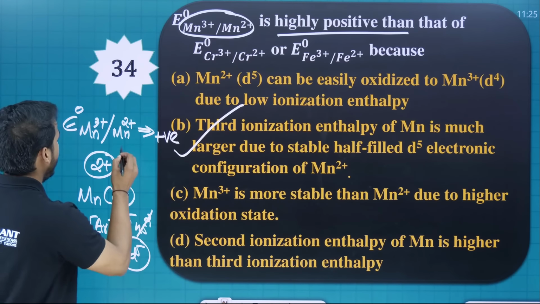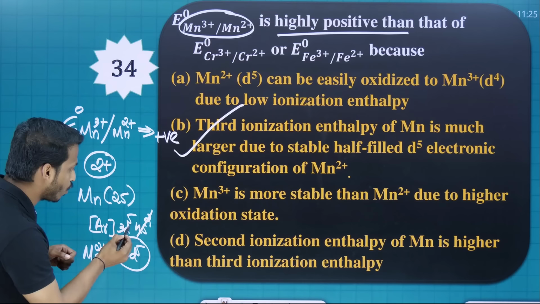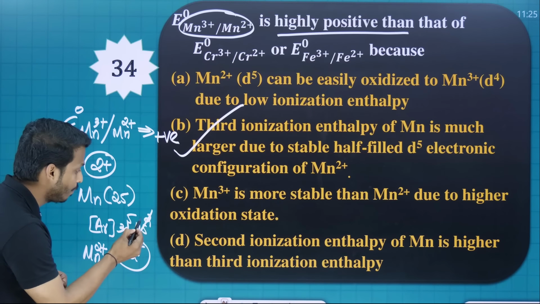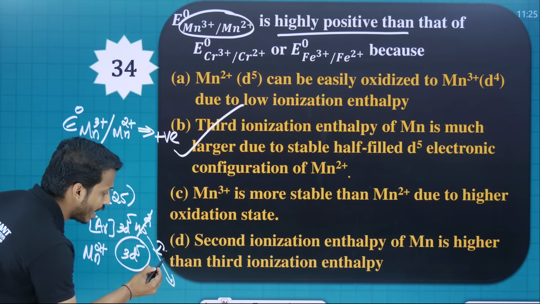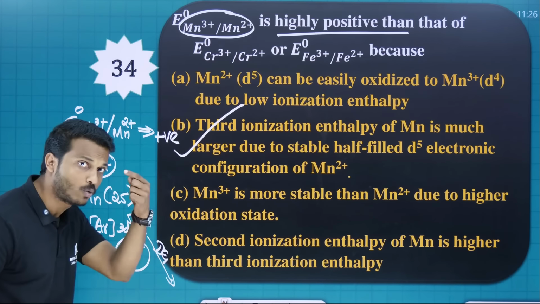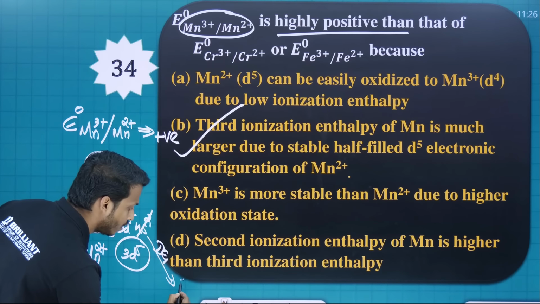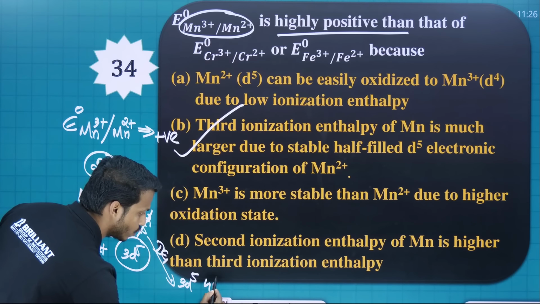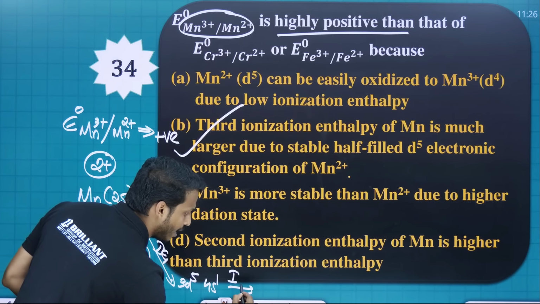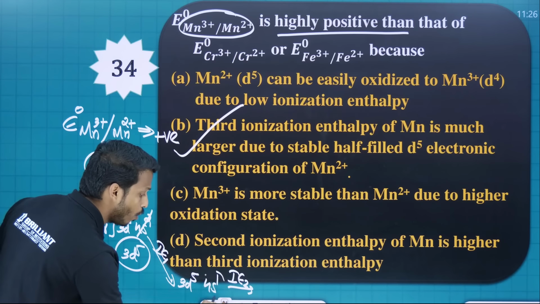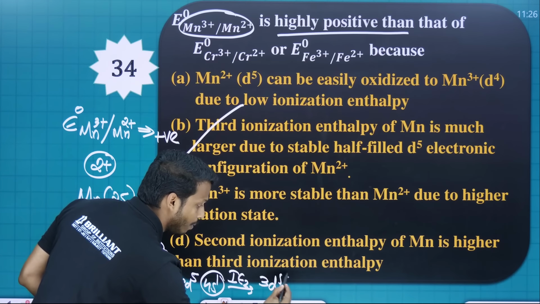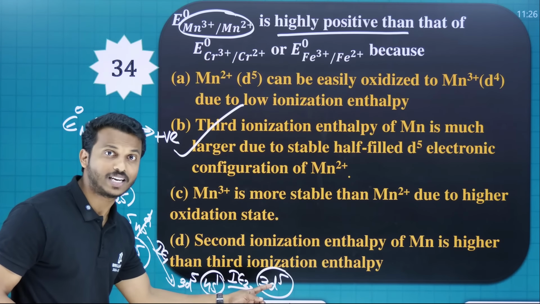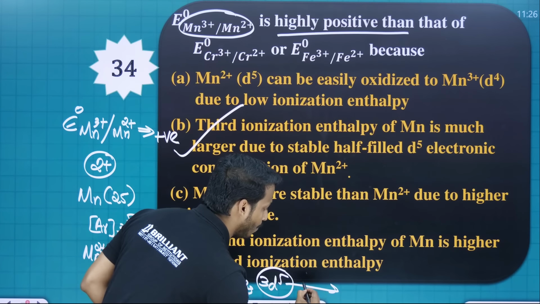Yes, dear. See, what is the Mn configuration? 3d5 4s2, right? So if you apply the first ionization enthalpy, what happened? One electron goes. What does it become? 3d5 4s1. If you apply the second ionization enthalpy, one more electron goes, and it becomes 3d5. 3d5 means stable.